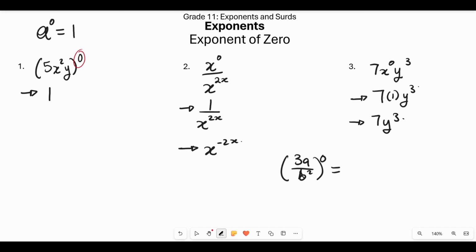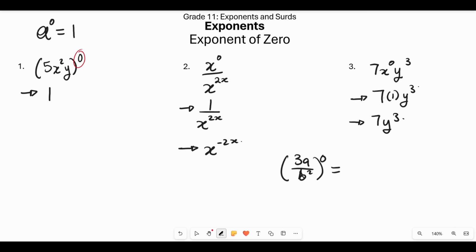It is called the power of a quotient. As we had the power of a product, it will be called the power of a quotient. It says that if you have a division inside a bracket raised to the power of something, that something will be distributed along the expressions inside the quotient. We'll talk about it in the next lesson.